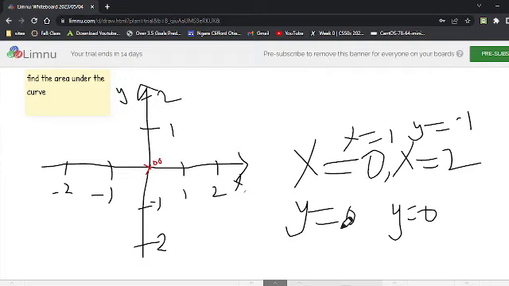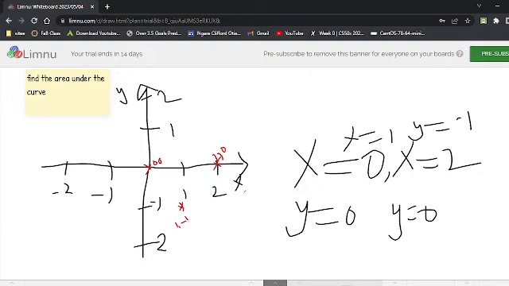Again, when x is 2, y is 0. Again, when x is 1, y is negative 1. Now, this is the point we're going to plot, negative 1.